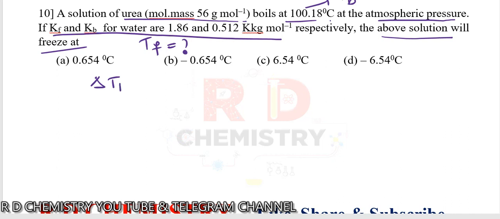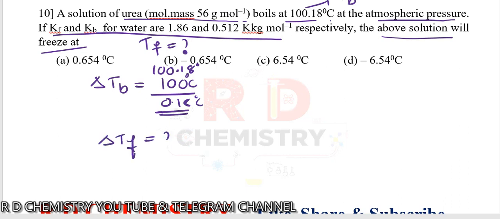Correct? Now, what is the change in the boiling point? Elevation of the boiling point increases the boiling point. The boiling point of water is 100 degrees centigrade, and now it is increased to 100.18 for this solution. So the difference is how much? 0.18 degrees centigrade. We cannot directly calculate delta TF because the freezing point is not known.